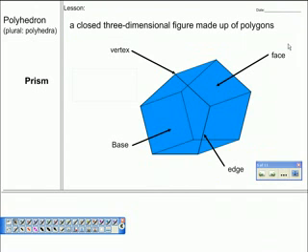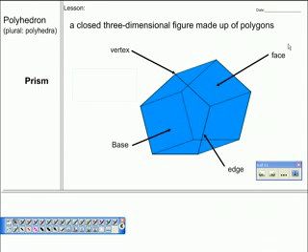Now, do you remember when we talked about polygons? There are a bunch of different shapes that are polygons. Triangles, rectangles, squares, hexagon, heptagon, octagon, nonagon, decagon, 12-gon, 20-gon. Those are all polygons, depending on how many sides it has. Well, what we're going to talk about now, they're all polyhedra. The first three that we mentioned, spheres, cones, and cylinders, are not polyhedra because not all their sides were made up of two-dimensional shapes.